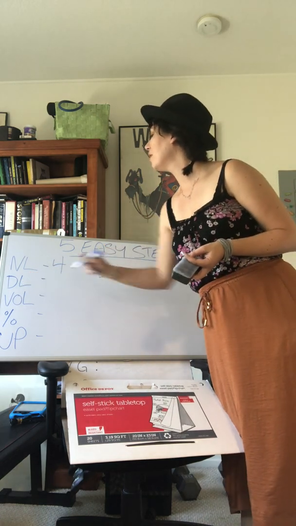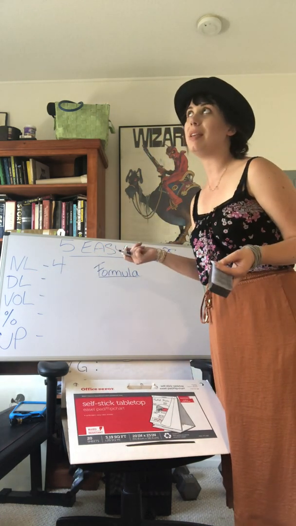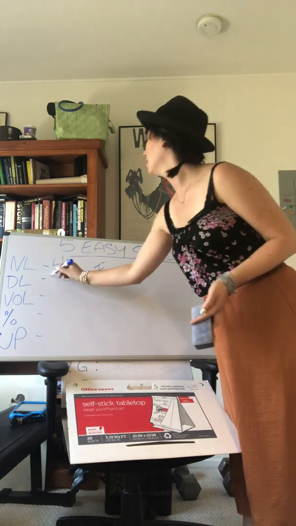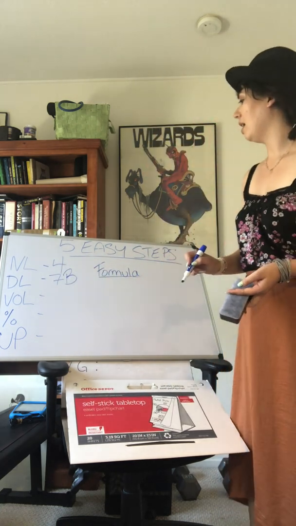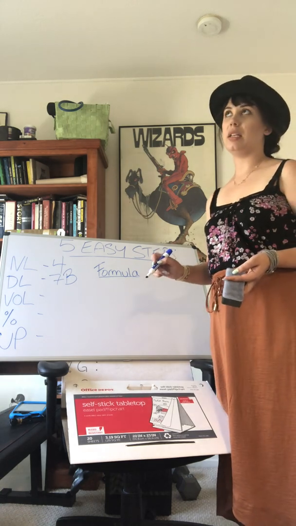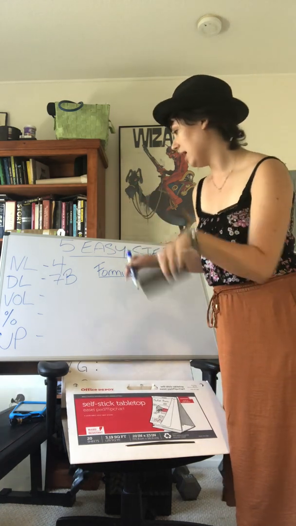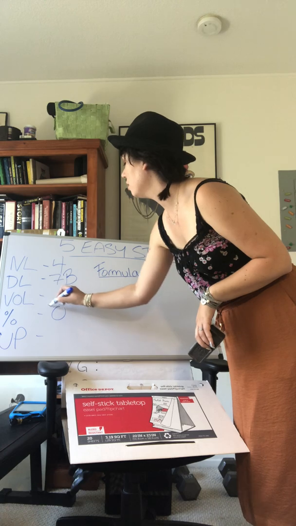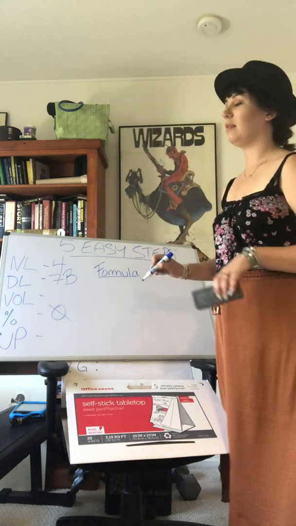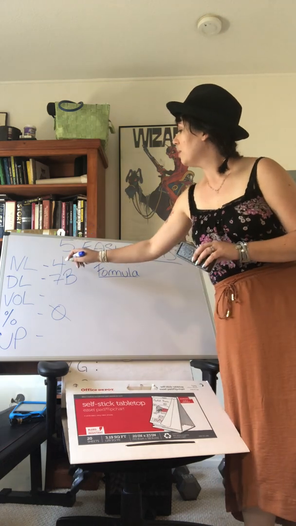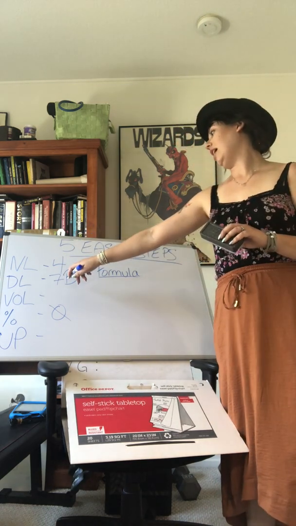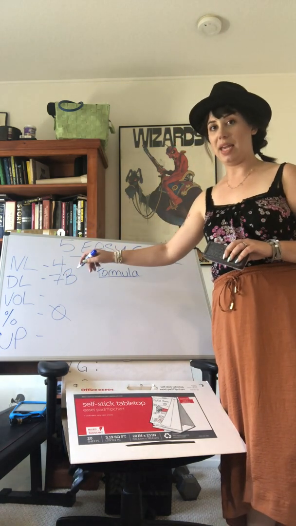Okay, so her desired level, let's say she wants to be a 7. Let's have her be a 7B. And let's say she's lucky, she doesn't want to have any gray. She's very lucky. I'm very jealous. Okay, so we know that she's a natural level 4, and she wants to be a level 7B.